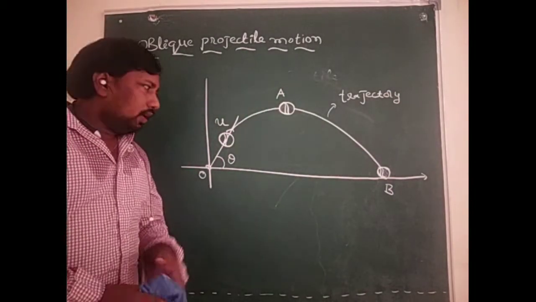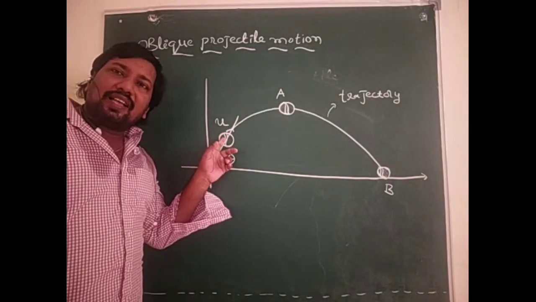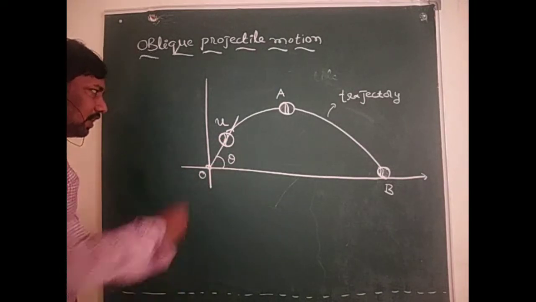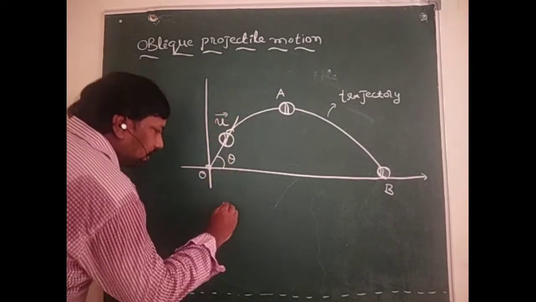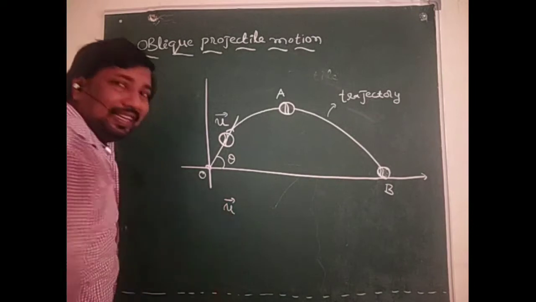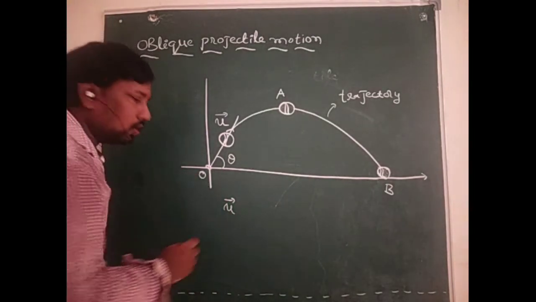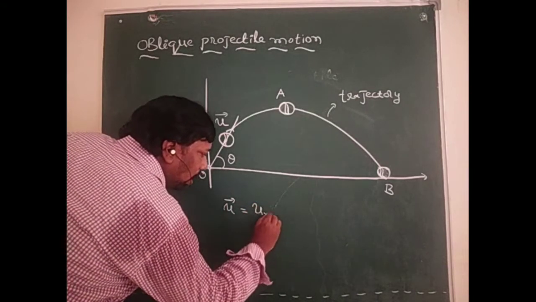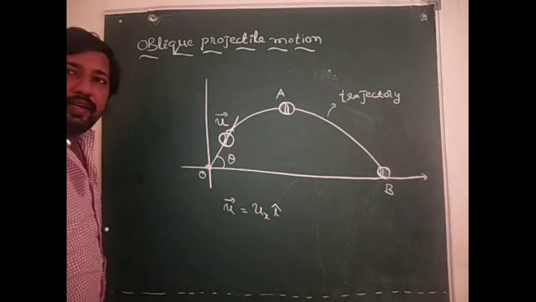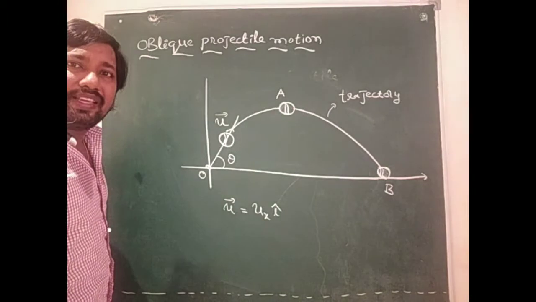Now the initial velocity of the projectile is here, this is u bar. Here u bar is resolved into two rectangular components. One is the horizontal component, treated as ux.